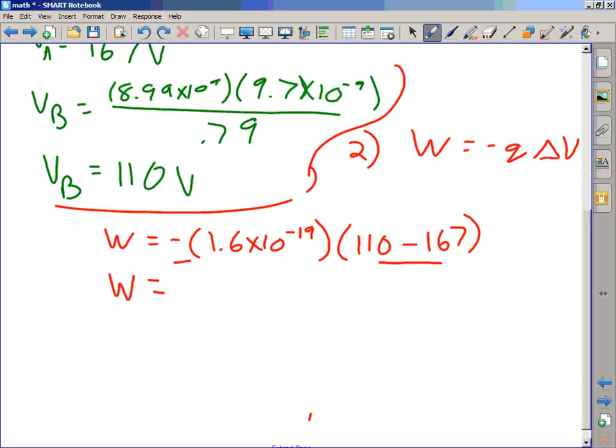A negative up front tells me how much work, how much energy, it gained. Give me the answer for this, please. 9.1 times 10 to the negative 18. Is that what everyone's getting approximately? Unit: joules. I plugged in coulombs, I get out joules from this equation. Good.